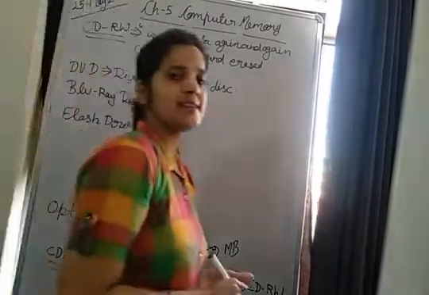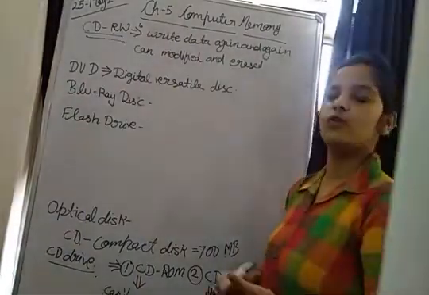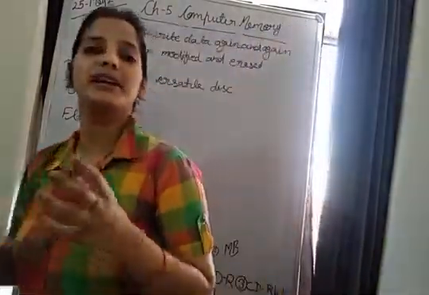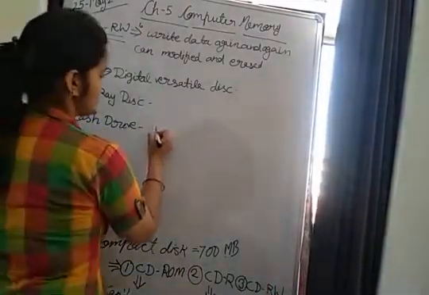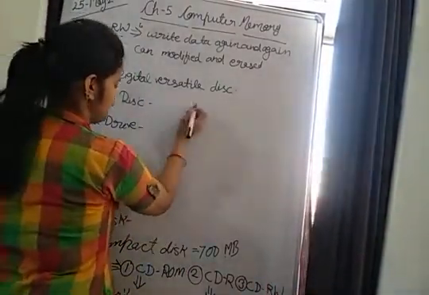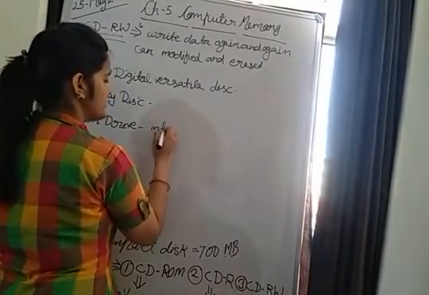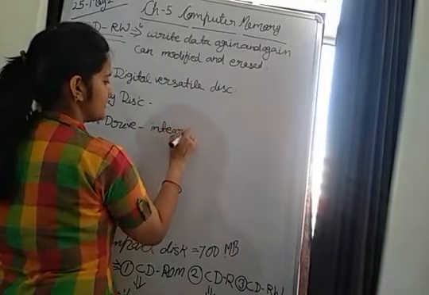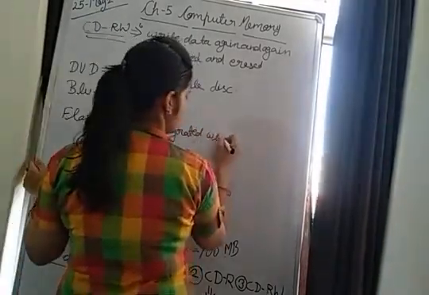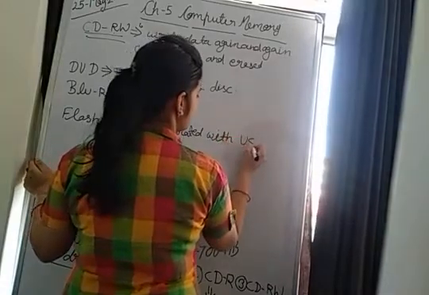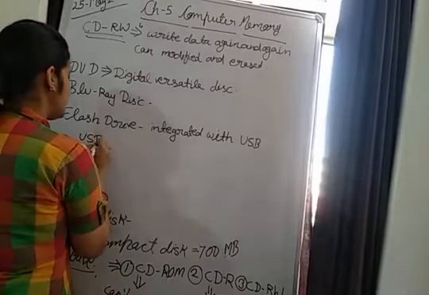So, flash drive is a small portable data storage device which is integrated with a USB. Integrated with the USB means it is attached with the USB port. USB stands for Universal Serial Bus.